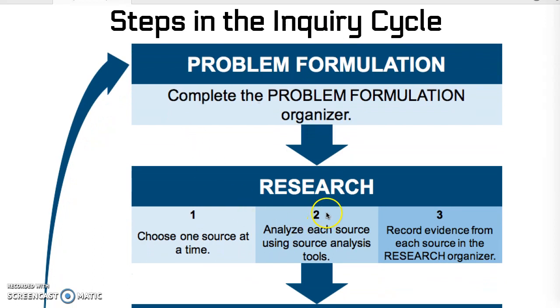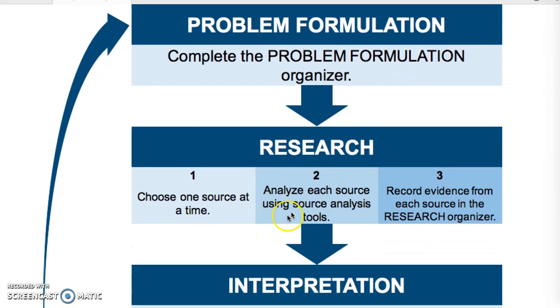Following problem formulation, you get into the research stage, which is the longest part of the inquiry cycle. In this step, you are choosing sources one at a time to analyze.